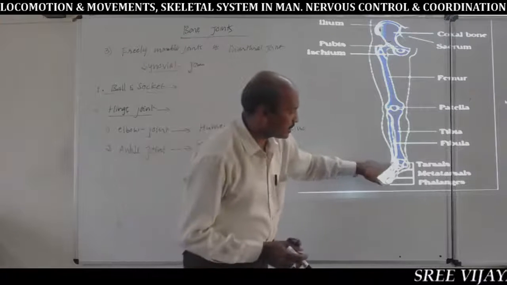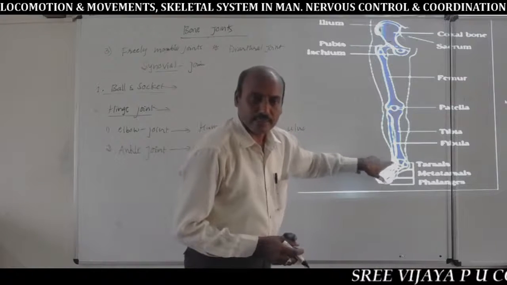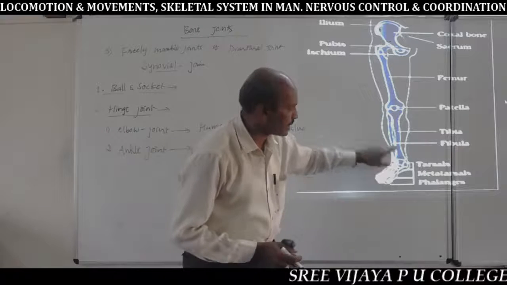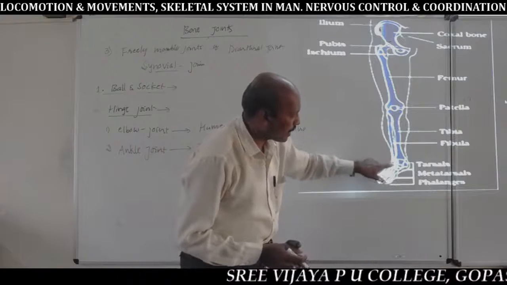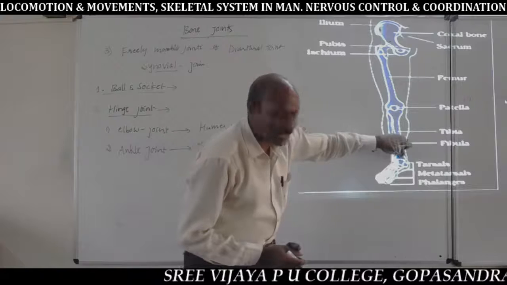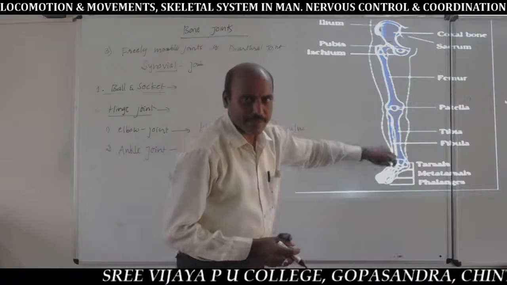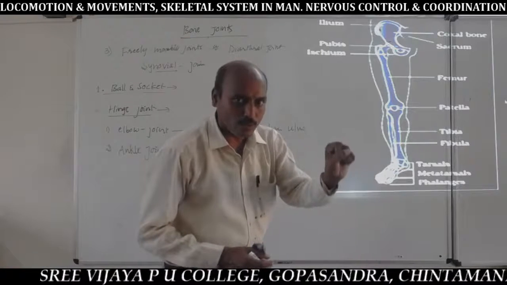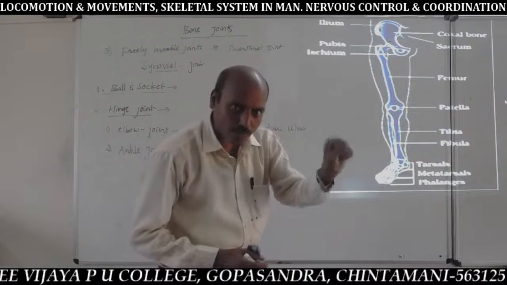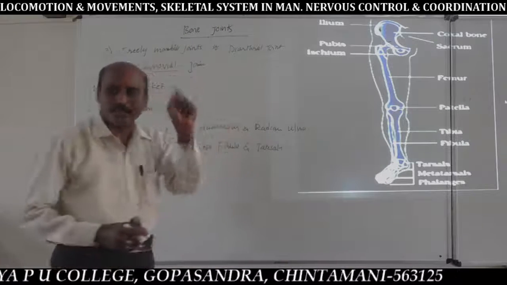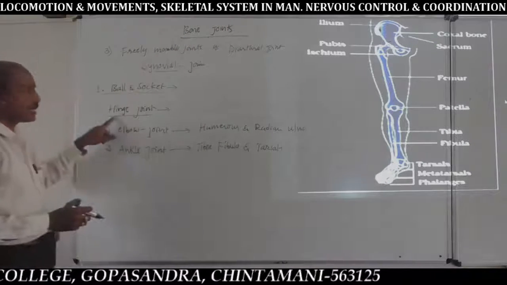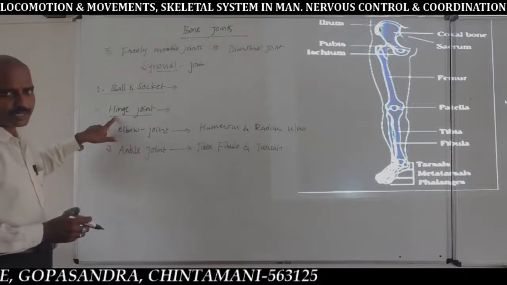See, this joint is the hinge joint. Tibia and fibula and tarsals joint is the hinge joint, because it shows movement only in one axis, only in one plane. That should be transverse plane. So it is a classical example for hinge joint.